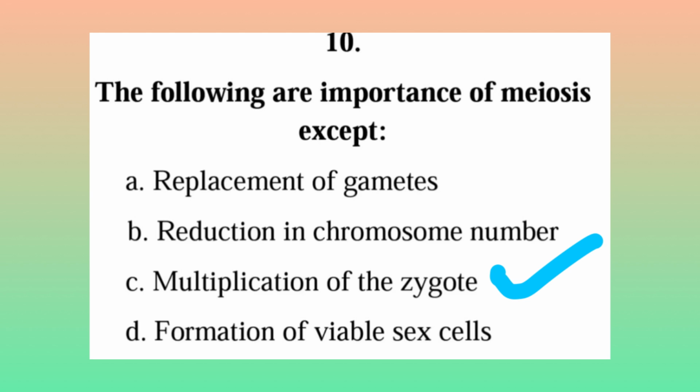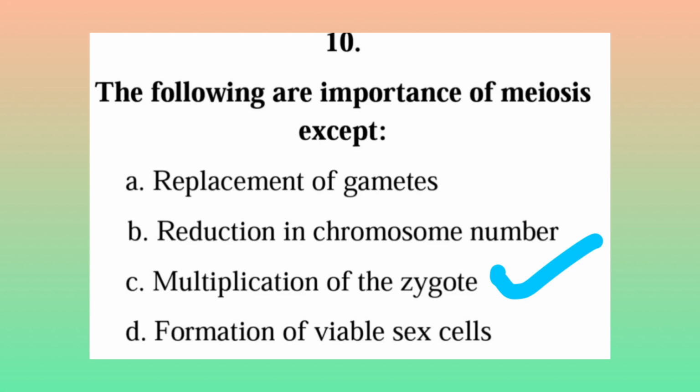Option A, replacement of gametes, refers to the concept of creating artificial gametes using somatic cells or body cells through meiosis. So it is one of the importance of meiosis. Next, meiosis takes place in germ cells or reproductive cells to produce fertile or viable male and female gametes which contain half the number of chromosomes, or reduced chromosome number.